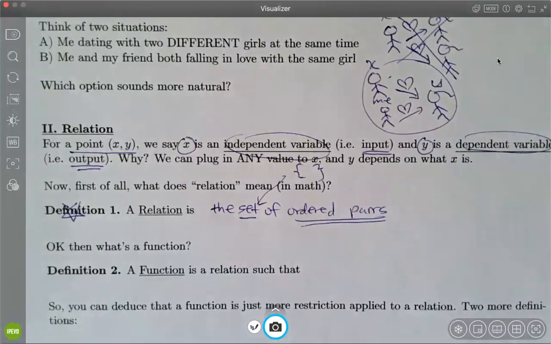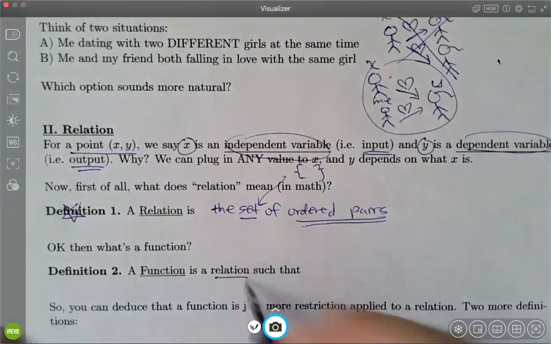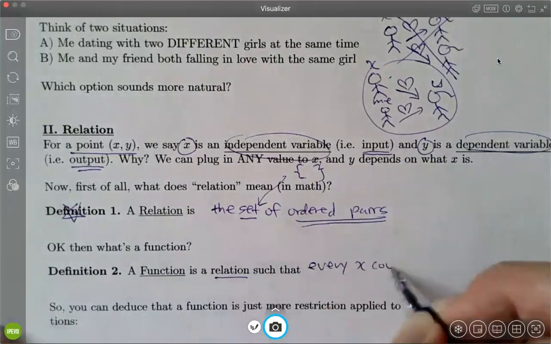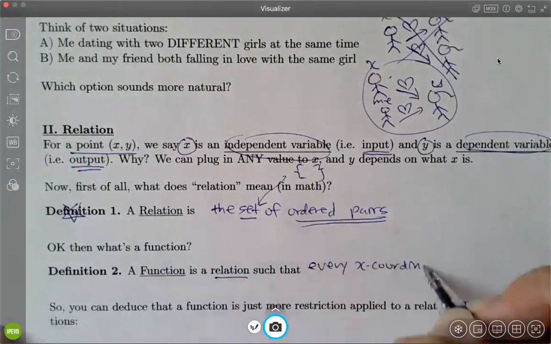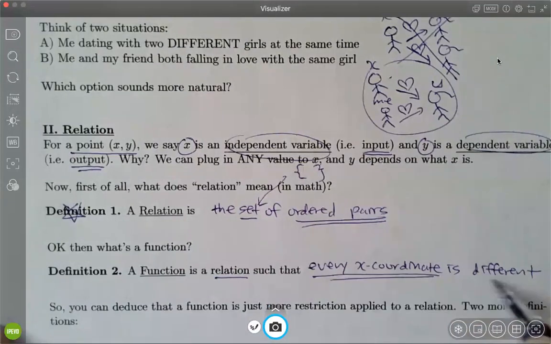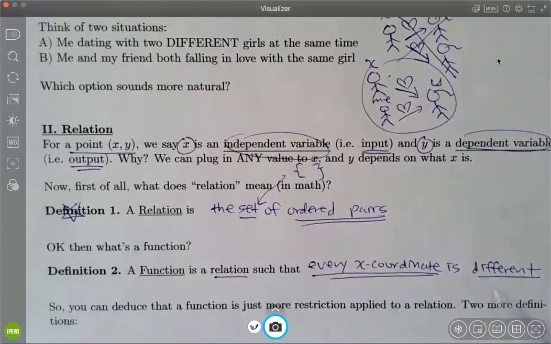The function is a relation such that every x coordinate is different. Basically every x coordinate in a relation.